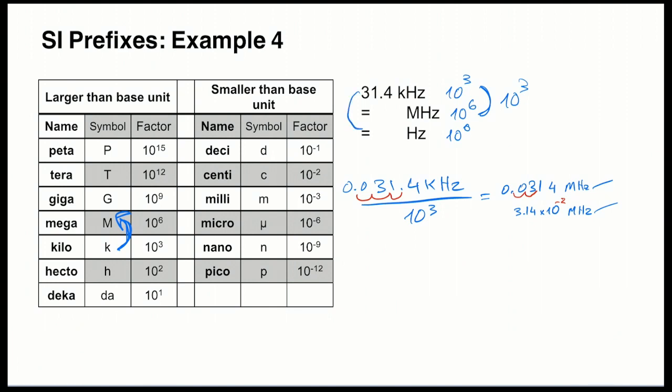Kilohertz to hertz is a factor of 3, but it's going down, right? So I can take 31.4 kilohertz and multiply it because I'm going down. Kilo to baseline is down, so multiply by 1,000, which is a factor of 10 to the power of 3. That gives you 31400 hertz.